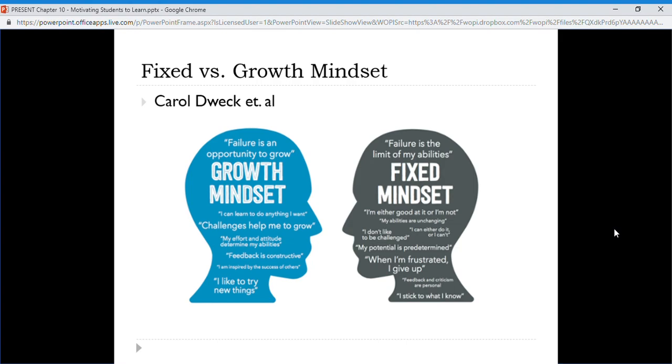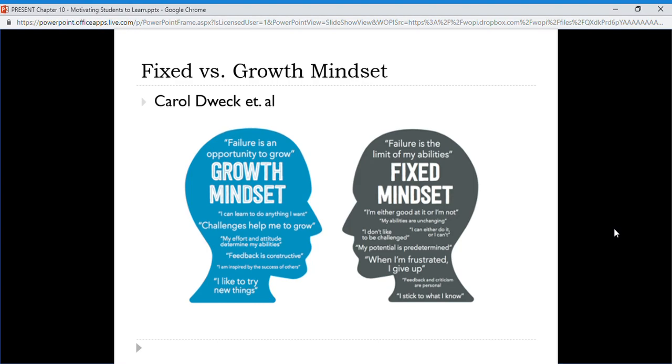So Carol Dweck is a psychologist at Stanford University, and she's done a ton of research on mindset and how what we think and how we feel can fuel our behavior and predict our success. So according to Dweck, a fixed mindset believes that a person's intelligence, character, and creativity are all static, so they never change throughout our lifetime.